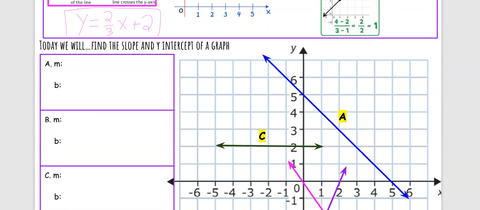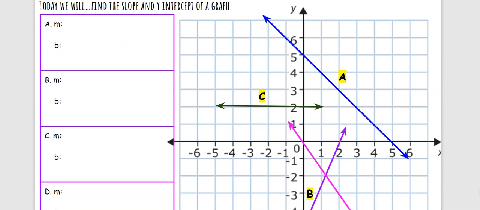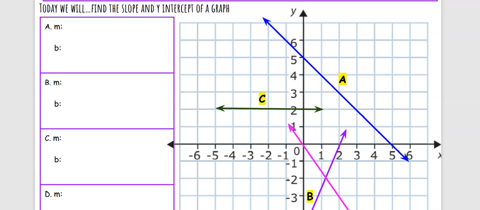So for our examples today, we're asked to find the slope, m, and the y-intercept, b, and then we'll write the equation. So the slope for line A, which is this blue one we have right here, is a negative slope because it's going downwards. I can pick any 2 points I want, and I can see that it's going downwards from left to right. So it's a negative slope, so I'm going to have a negative answer for my slope, negative something.